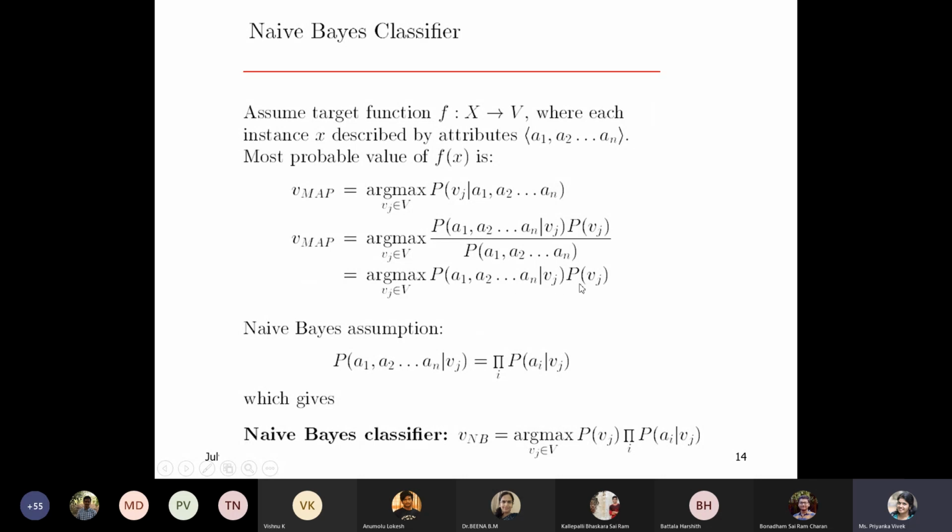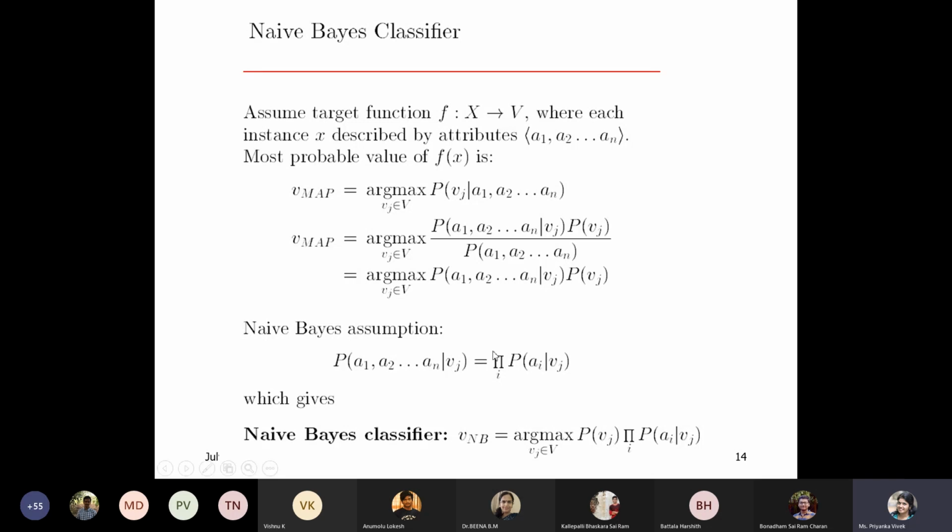That's our final statement now, isn't it? So the first term, that is a1, a2, etc. an given Vj, how do we write that? Because we have an assumption telling that given Vj, that is given the class, the attributes are independent of each other. That's the assumption.